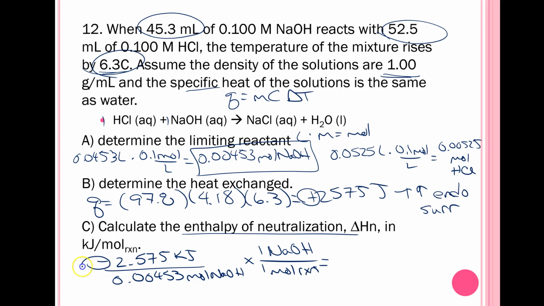And I need to make this negative because this temperature went up. It is an endothermic process. It got the heat from my system, which is the reaction itself. And you get negative 568 kilojoules per mole of reaction.